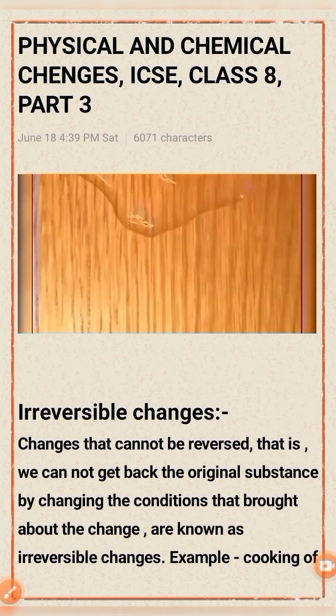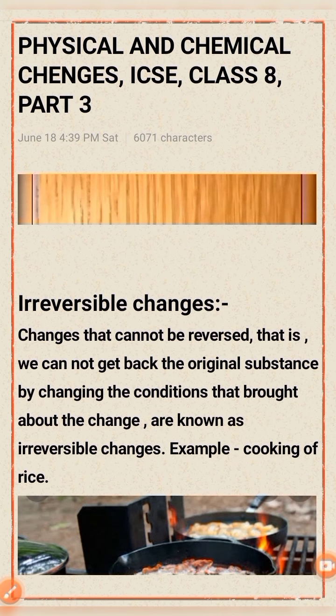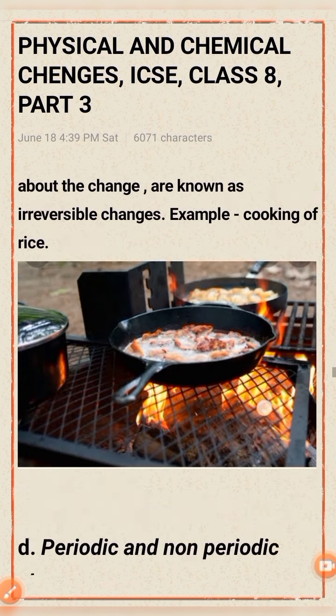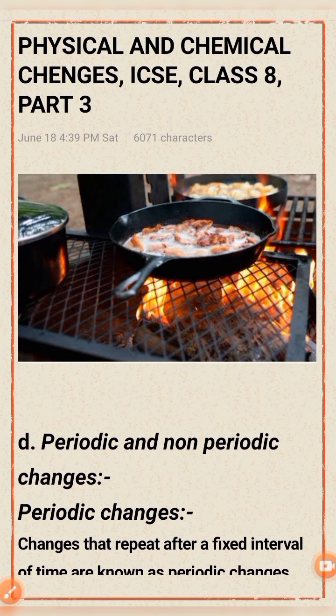Next, irreversible changes. Changes that cannot be reversed, that is, you cannot get back the original substance by changing the conditions that brought about the change, are known as irreversible changes. Example, cooking of rice. Show the video of cooking of rice or other cooking of food.